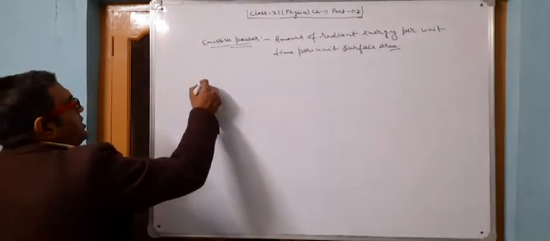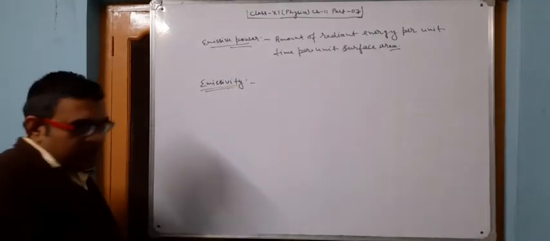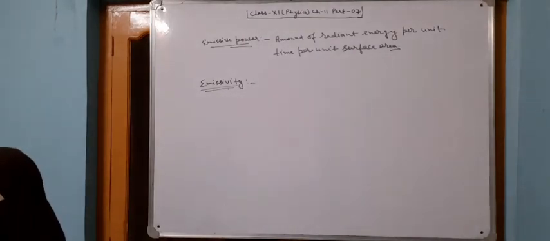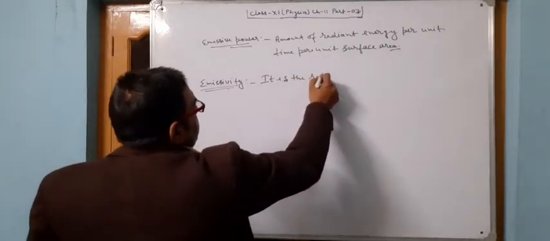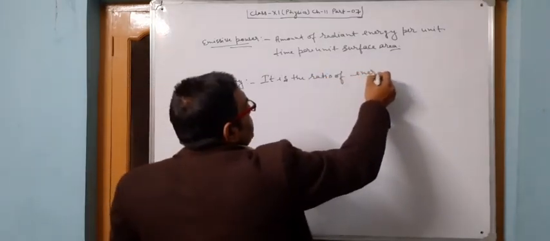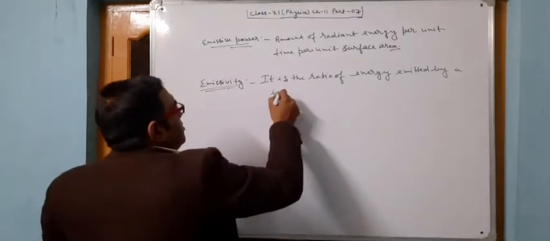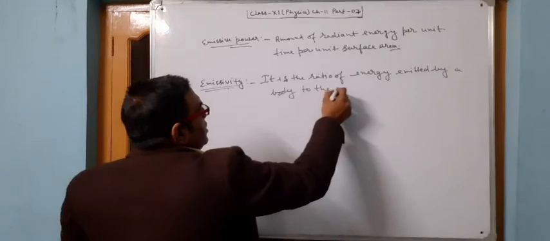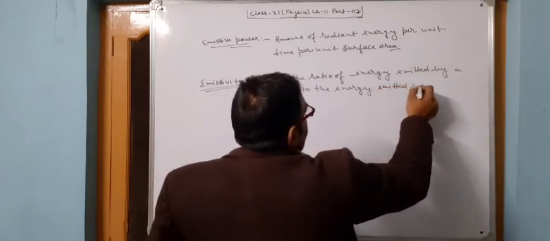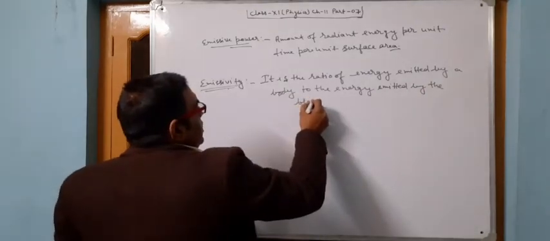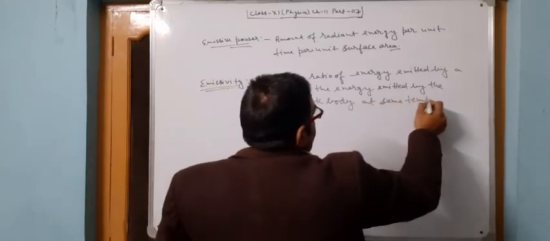Now we will discuss about emissivity. Emissivity can be defined as the ratio of energy emitted by a body to the energy emitted by the black body at same temperature.